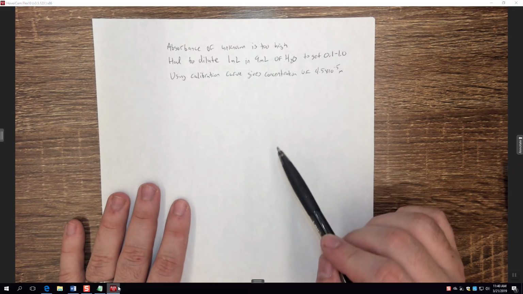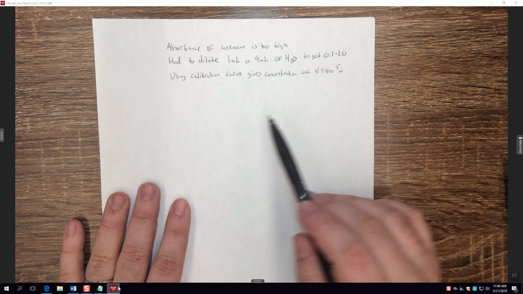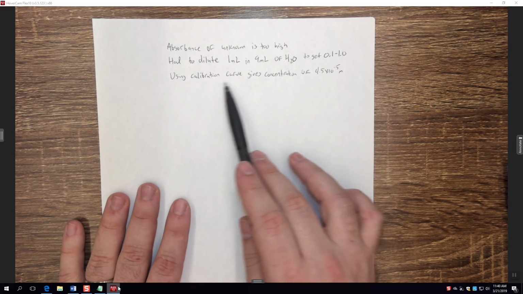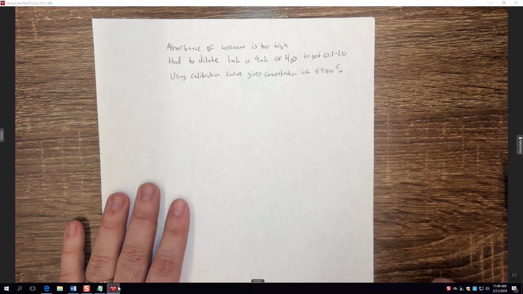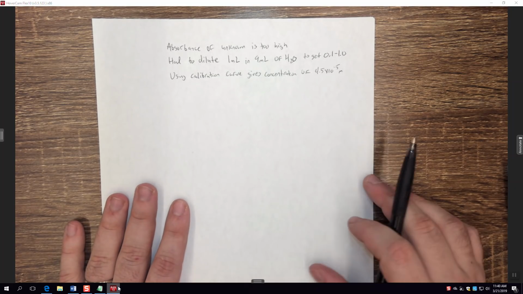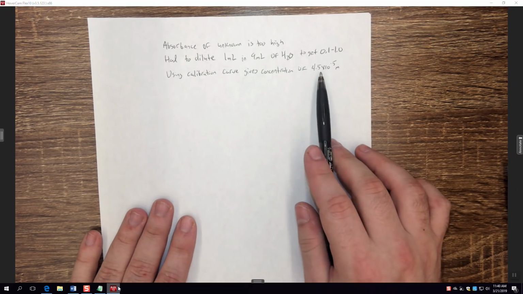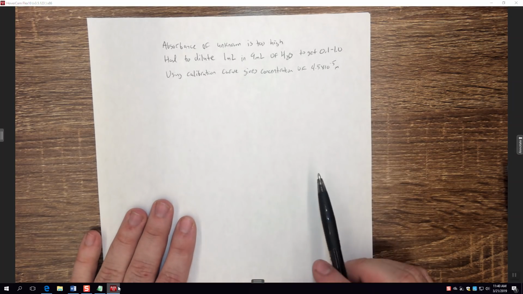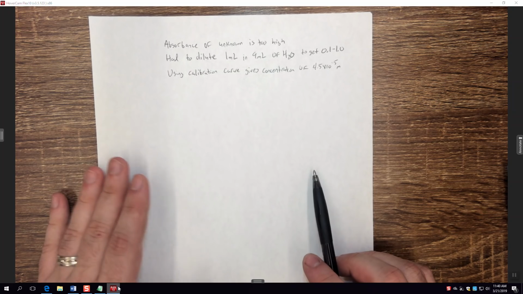Once we got it on the 0.1 to 1 range, we measured the absorbance, and we used the calibration curve to get a concentration of 4.5 times 10 to the minus 5 molal. So now I need to convert from this concentration back to the initial concentration of the actual unknown solution.